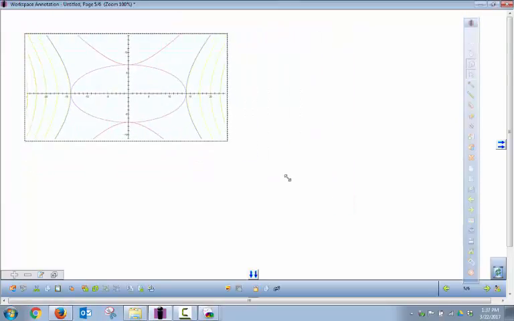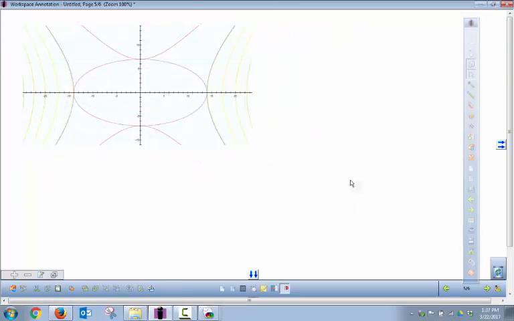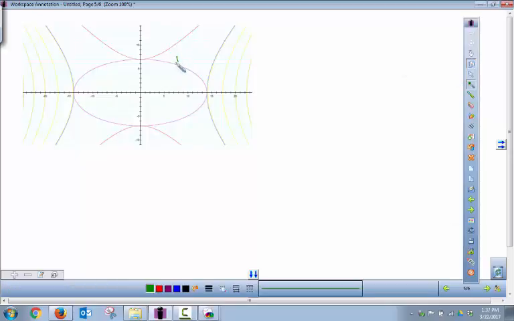So from a two-dimensional perspective, this is what we're seeing. We have the graph 1/4 x squared plus y squared is equal to 49. And then we have two level curves over here.